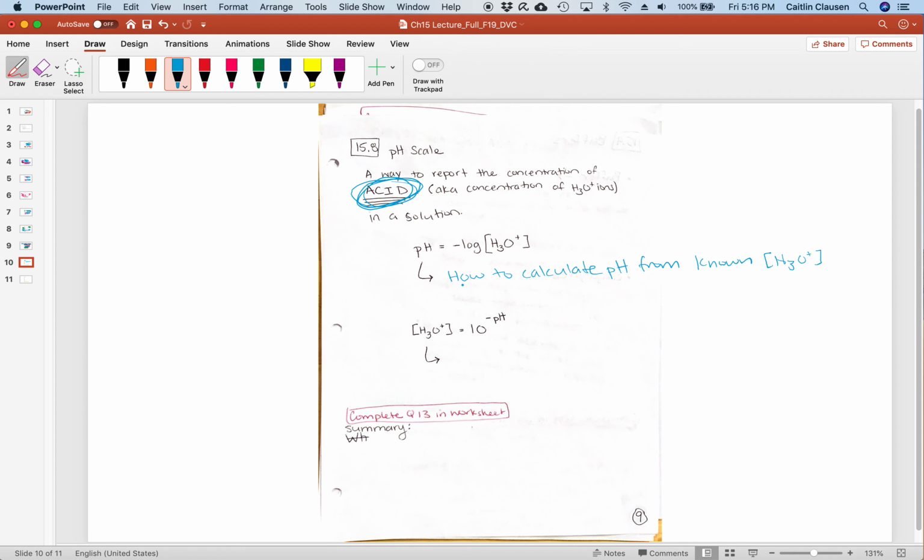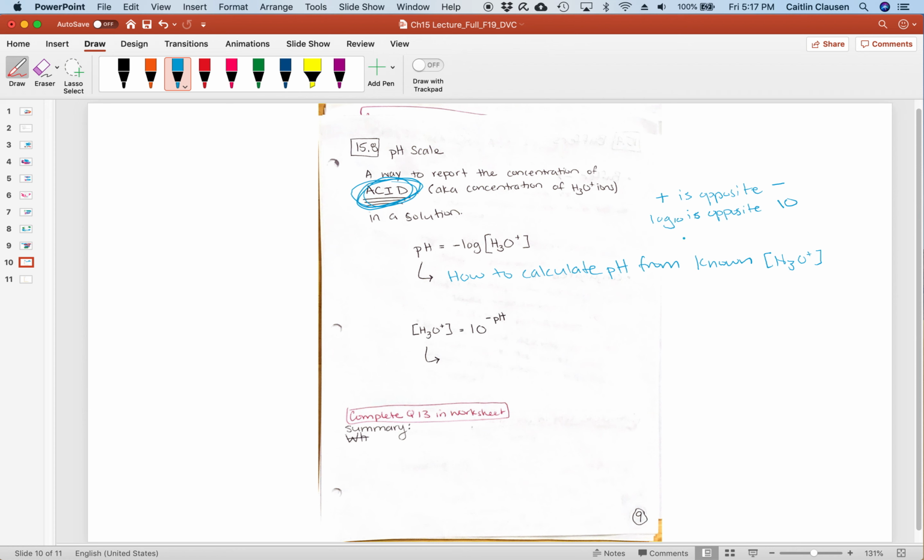This is the negative log base 10 of the concentration. If you rearrange this, just like addition is the opposite of subtraction, a log is the opposite of 10 raised to some power.